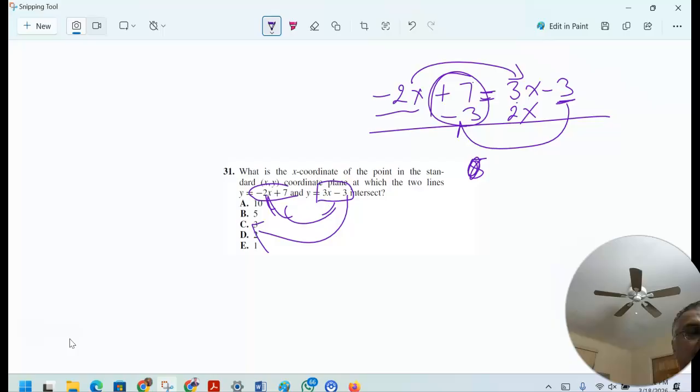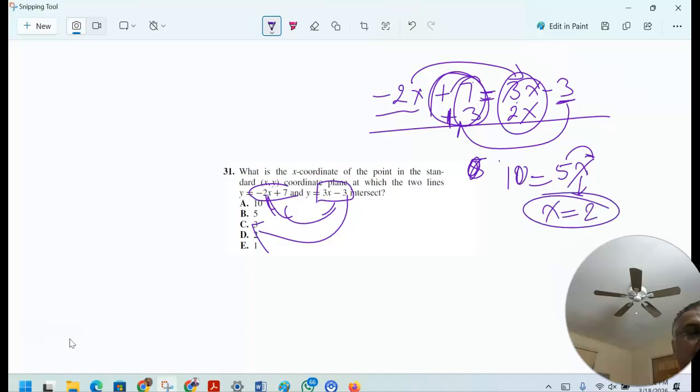I think this should be plus. So 7 plus 3 is 10, and this is 5x. Then what multiplies by 5 to get 10? x has to be 2. And you're done.